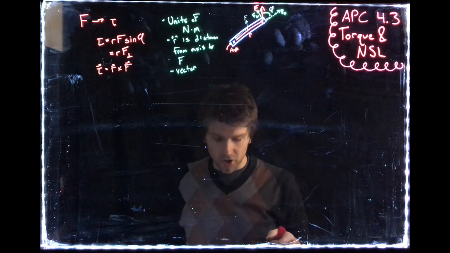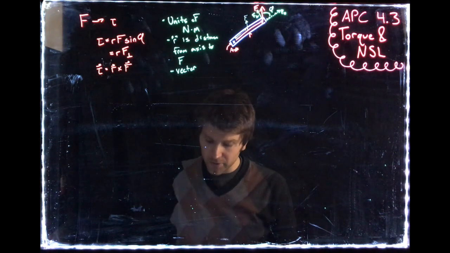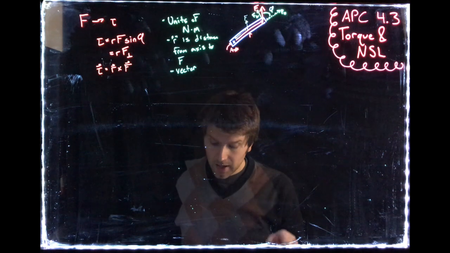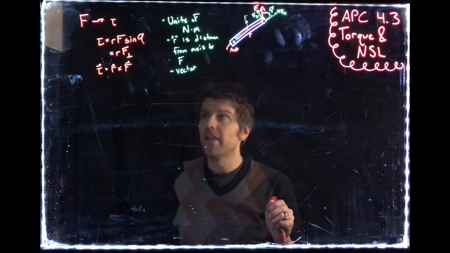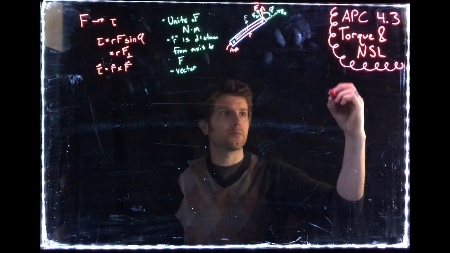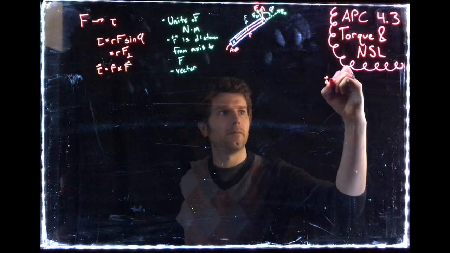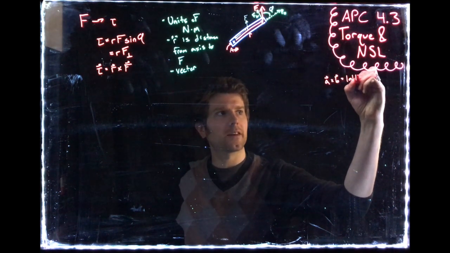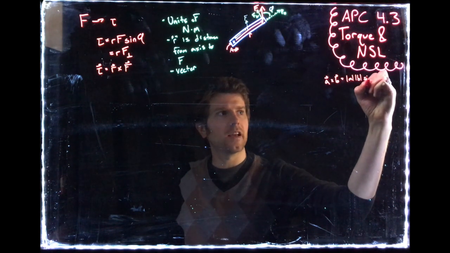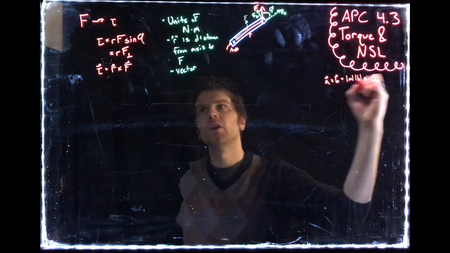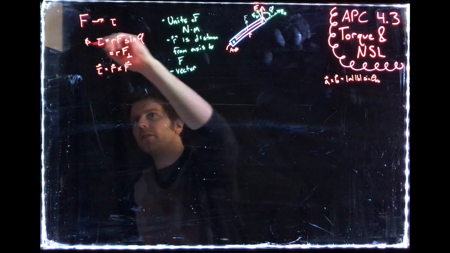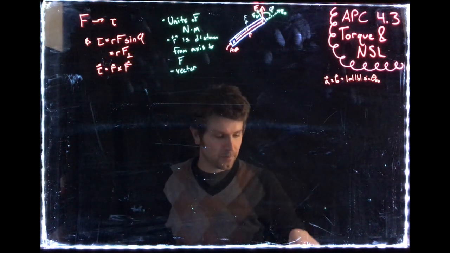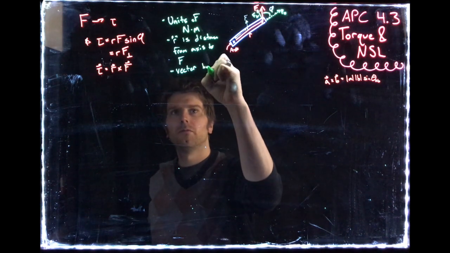Here, a vector cross product has a number of interesting properties which we're not going to go into too deeply in this class. But it is important to note that for any vector cross product, A cross B, it's the magnitude of A times the magnitude of B times the sine of the angle between them, which you'll notice is exactly what we have here. And they do have a direction given to us by the right-hand rule.